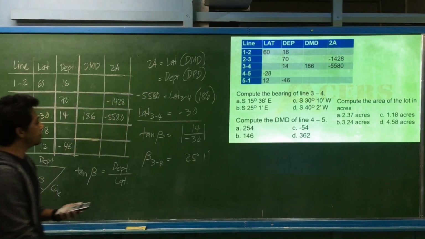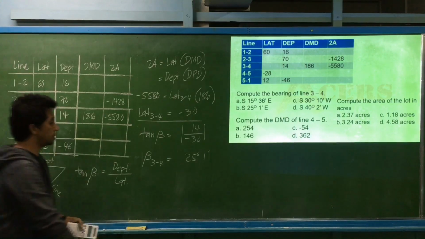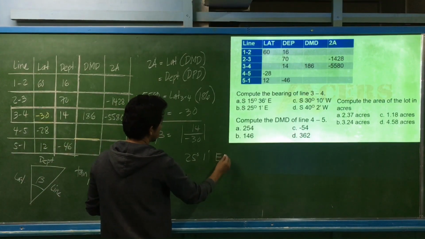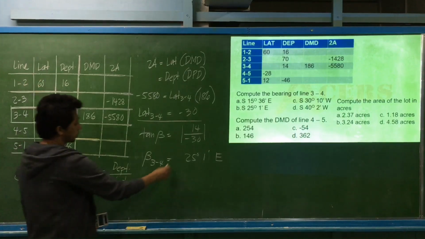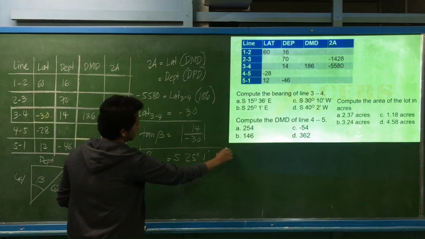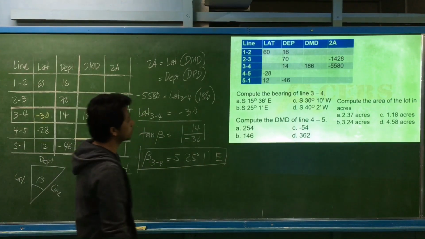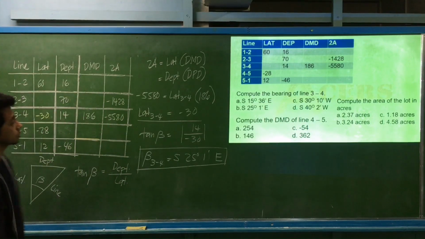Observing the direction, a positive departure means towards the east, and a negative latitude means towards the south. So this is the bearing of line 3-4. That is letter B, 25 degrees 1 minute, south, east.